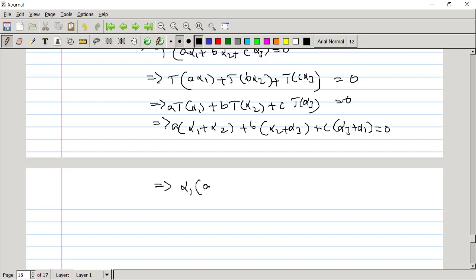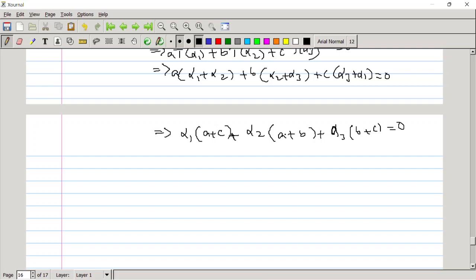If we take alpha 1 as common: alpha 1 times (a plus c) plus alpha 2 times (a plus b) plus alpha 3 times (b plus c) equal to 0, because alpha 1, alpha 2, alpha 3 is a basis.